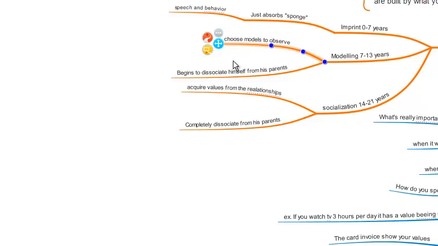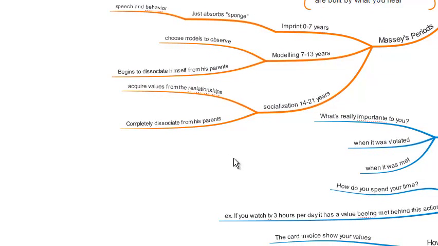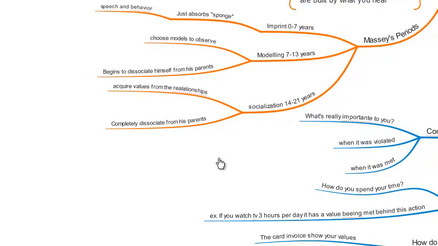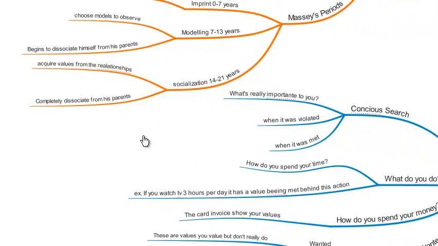In that period you are completely dissociated from your parents, and it's important to say because it's almost the end of your values formation, and we'll see more later about how your values can change over time, but the start of your life, your values are formed by 21, normally 21 years old.